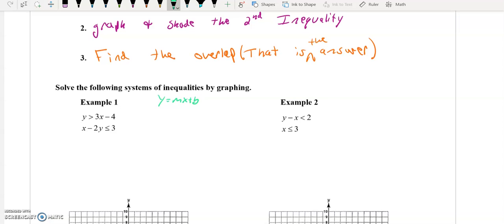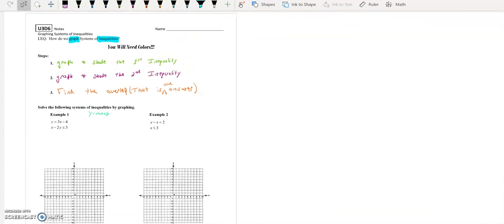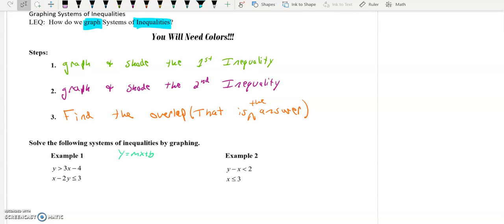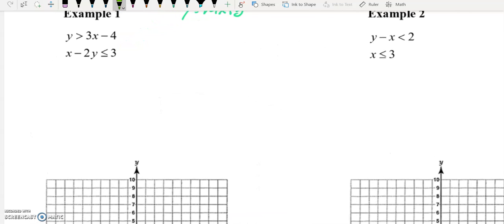Now the first equation here, you can use any colors. If you'll notice up top at the beginning of the notes, it says you'll need a lot of colors here. I would highly recommend you do multiple different colors. Trying to do this with a single pencil and just kind of shading lightly doesn't always work out the best, but it is possible. I'll show you what I mean by that later.